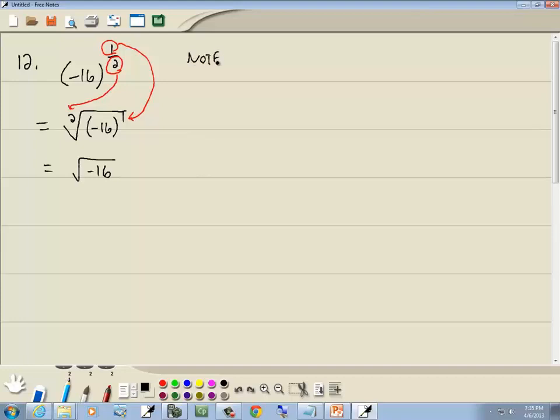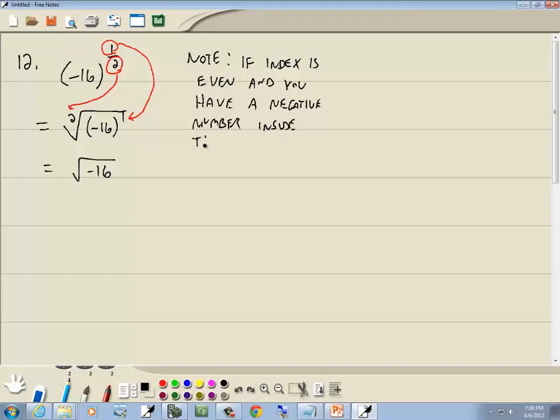Now our note on this. If your index is even, and you have a negative number inside the radical, then the answer is not a real number.